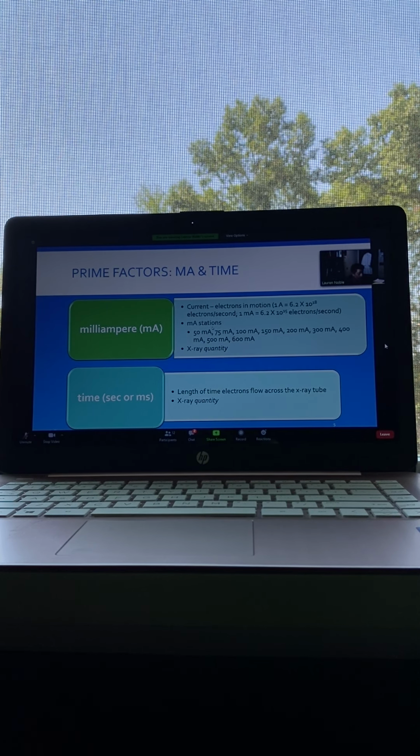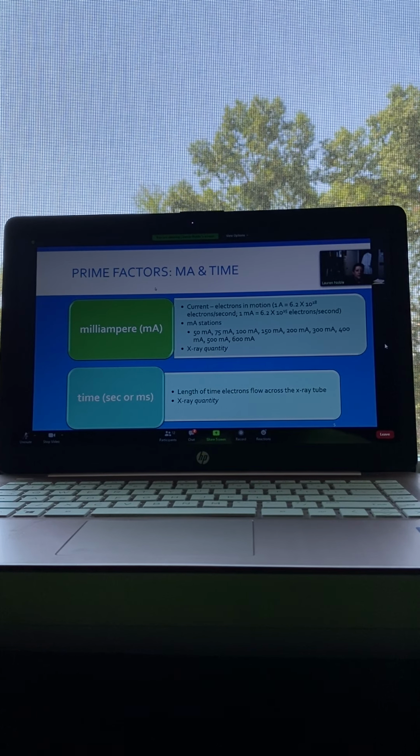And there are various MA stations. Our equipment does have MA stations, but it's behind the scenes. We're not actually setting them, but the X-ray unit is setting them. These are just some examples: 50 MA, 75, 100, 150, 200, 300, 400, 500, 600 MA.